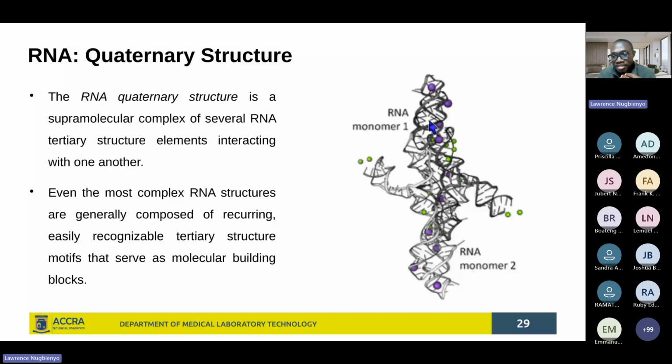Even though you see it to be complex, it's easy to distinguish the monomers because you can see some repeated units. So you can quickly identify that this portion is a monomer of its own. This is also another monomer of its own, and they come together to act as one complex to carry out a specific function. So you can have these complex structures of RNAs as well.